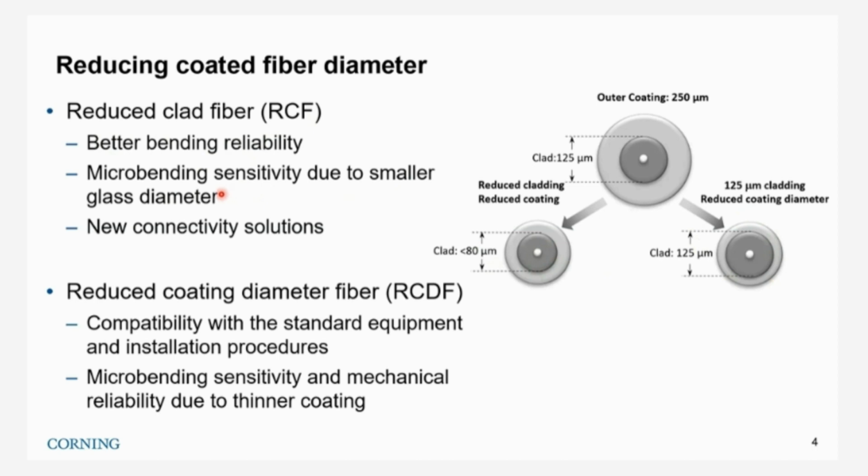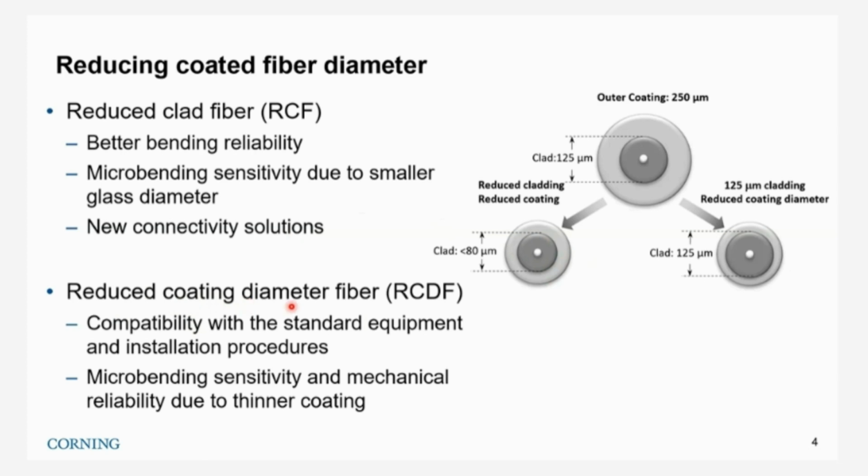However, the microbending sensitivity is increased due to a smaller glass diameter, and also for reduced cladding diameter, you need new connectivity solutions because the current ecosystem is for 125 micron cladding diameter.